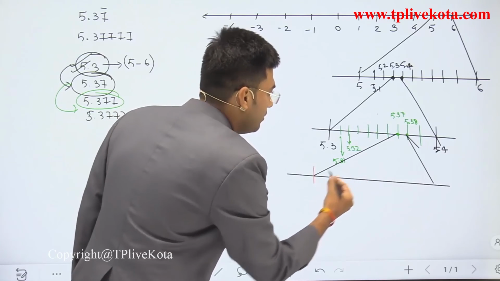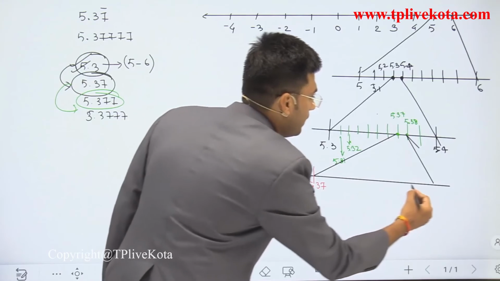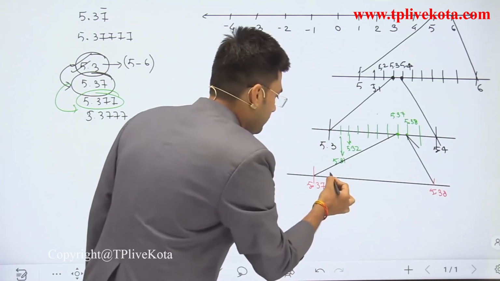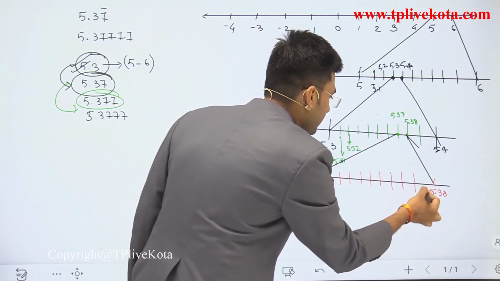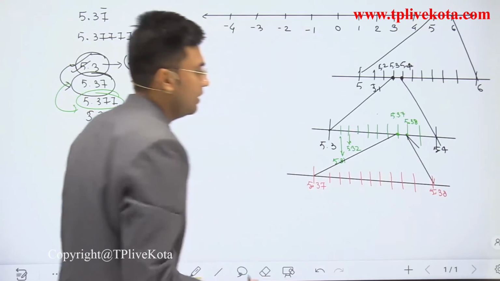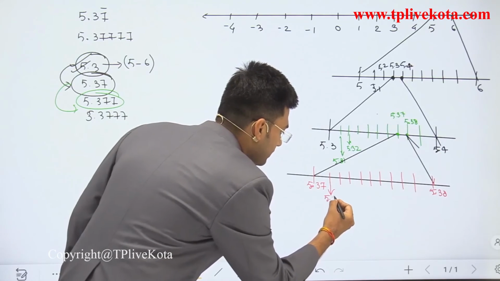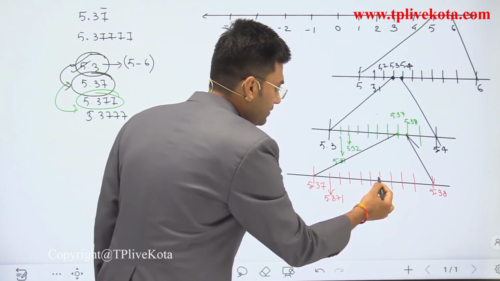This is 5.37 and this is 5.38. 1, 2, 3, 4, 5, 6, 7, 8, 9 and 10. Now it is 5.371, 2, 3, 4, 5, 6, 7.